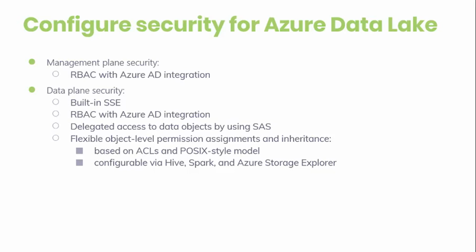When considering configuration of the Azure Data Lake security, you can approach it by reviewing the management plane and data plane individually. The management plane consists of operations that affect the storage account itself. For example, you can create or delete a storage account, get a list of storage accounts in a subscription, retrieve the storage account keys, or regenerate the storage account keys.